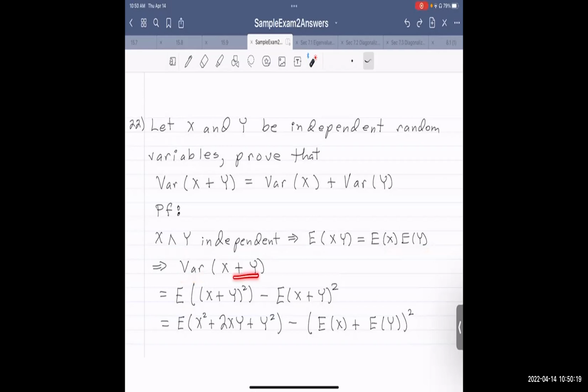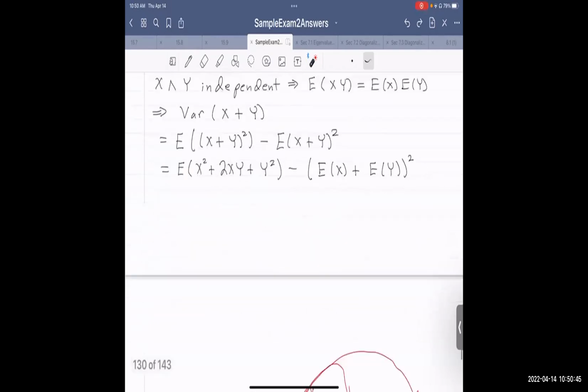So the variance of x plus y is equal to the expected value of x plus y quantity squared minus expected value of x plus y, squared. And so that was one of the formulas from section 5.1 for the variance.